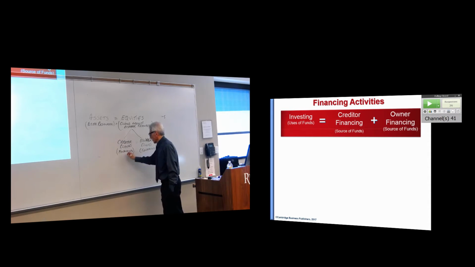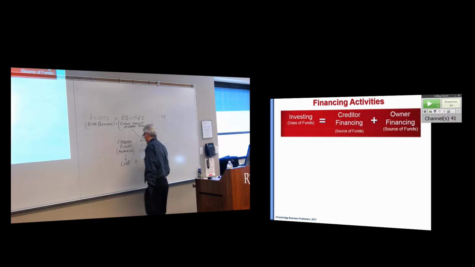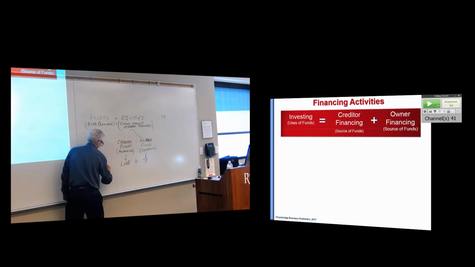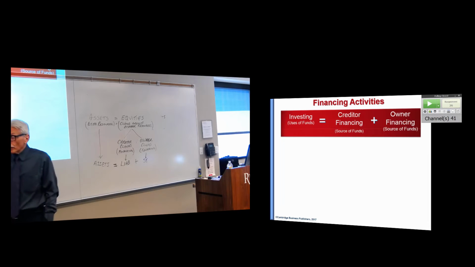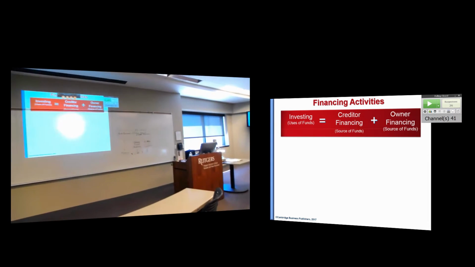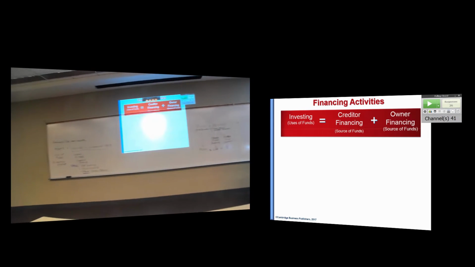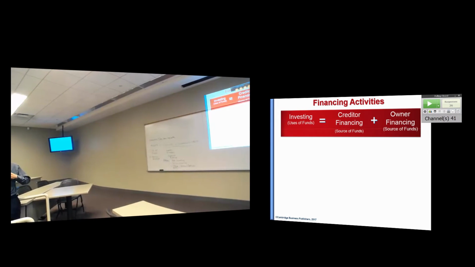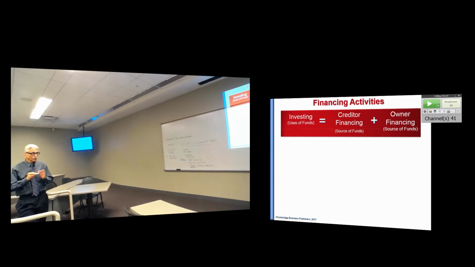And of course, these are liabilities, and I'm just going to abbreviate this, this is stockholders' equity. And that's how we build this balance sheet equation. Every asset has to be claimed by someone. It's either a creditor or an owner.